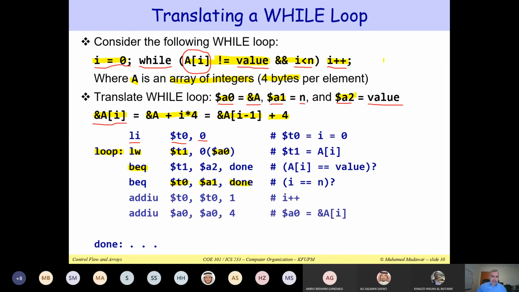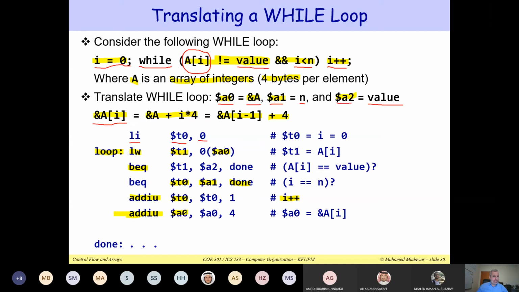But this is not enough. I have to increment I by 1. This add IU is going to add 1 to T0, so this is going to increment T0. But this add IU is not enough. I need the second add IU to calculate the address, because when I loop back, I need to have a different address in A0.